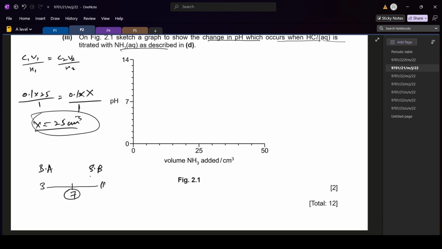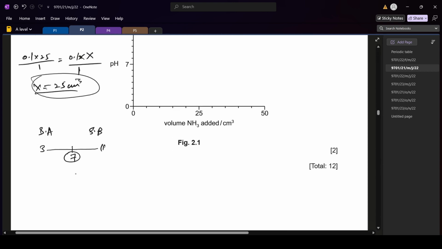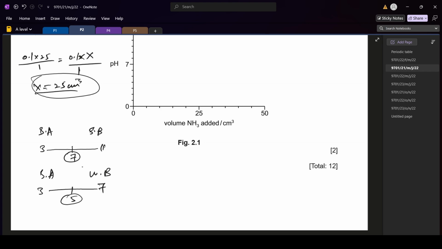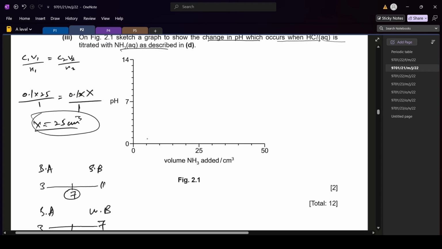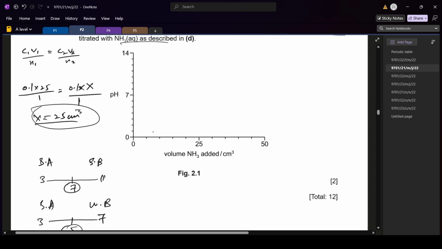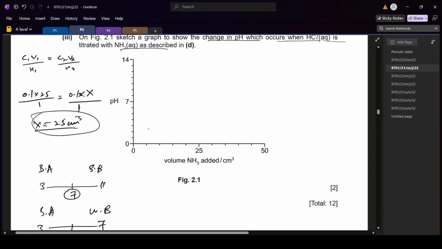Okay, but this is a strong acid and weak base, so here we will choose this range, and this will have an equivalence point at 5. Okay, so now we can draw our graph.